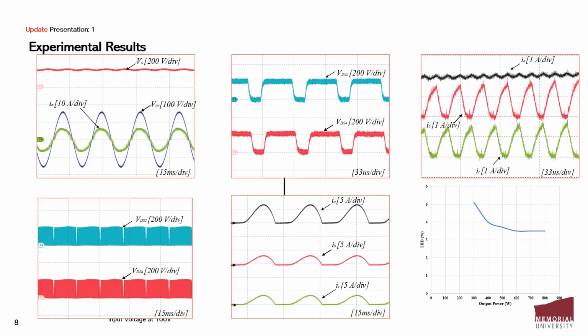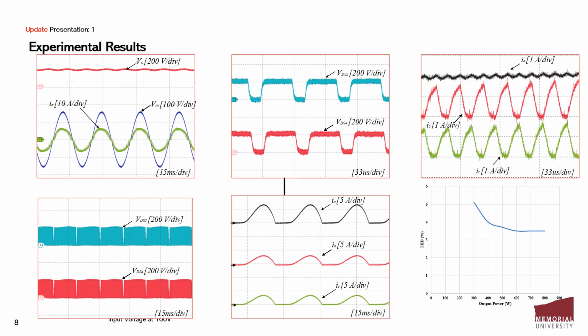Now these are the experimental results. On my top left is the output voltage, which is 200 volts, and then we have our input voltage from the mains, with a peak of 155 volts, and the input current is around 9 amps. We also have the gate to source voltages of switches S5 and S6, and as I said, they switch complementary.